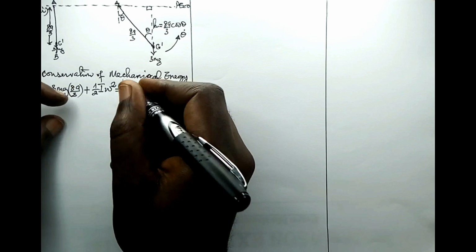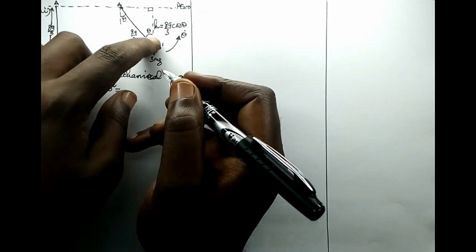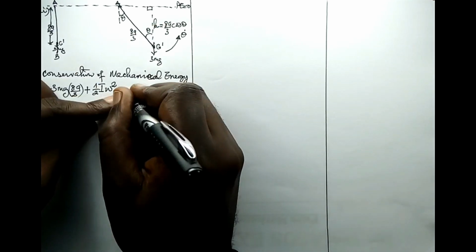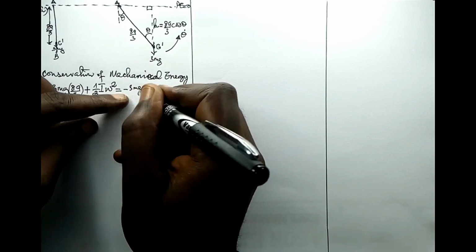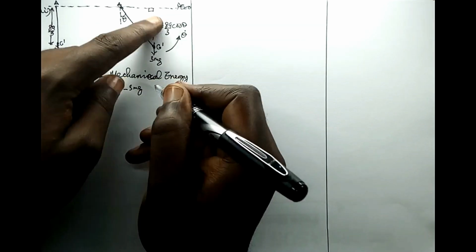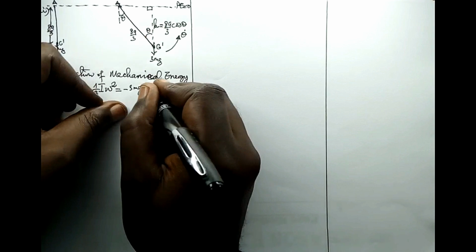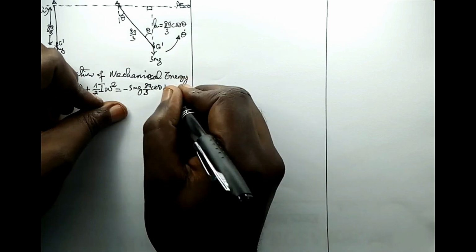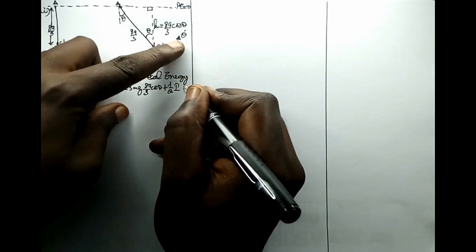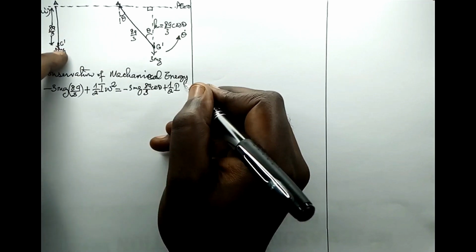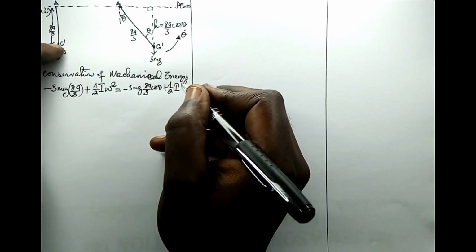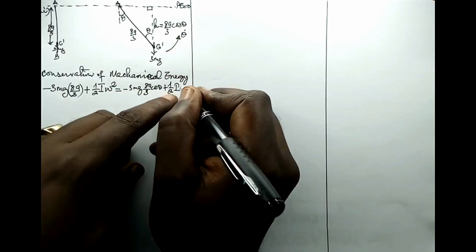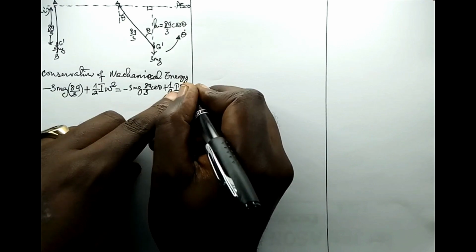That should be equal to, again, the potential energy at this other position, which should be negative 3 mg, that's the weight of the system, times the distance from the 0 level, which is 8a all over 3 cos theta, plus again half I. This time the angular speed is no more omega. Omega was the initial angular speed, which was constant at this point. At this point now, it is the general angular speed, which is changing with time. So at time t, it should be theta dot squared.